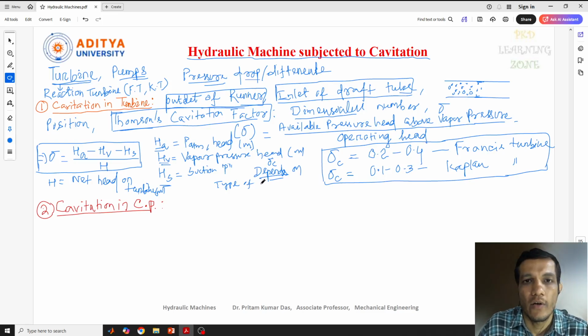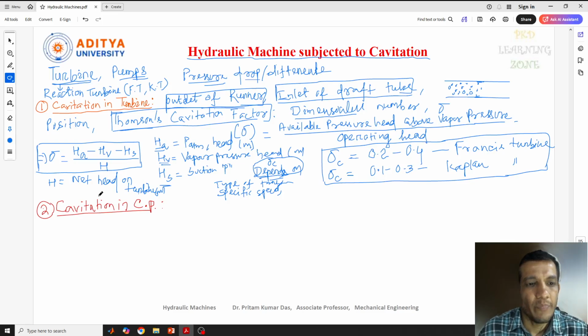Propeller turbine is also one of the reaction turbines. So it depends on the type of turbine, the specific speed, and also the design and operating methods of the turbine. So the sigma c value will depend on these parameters.